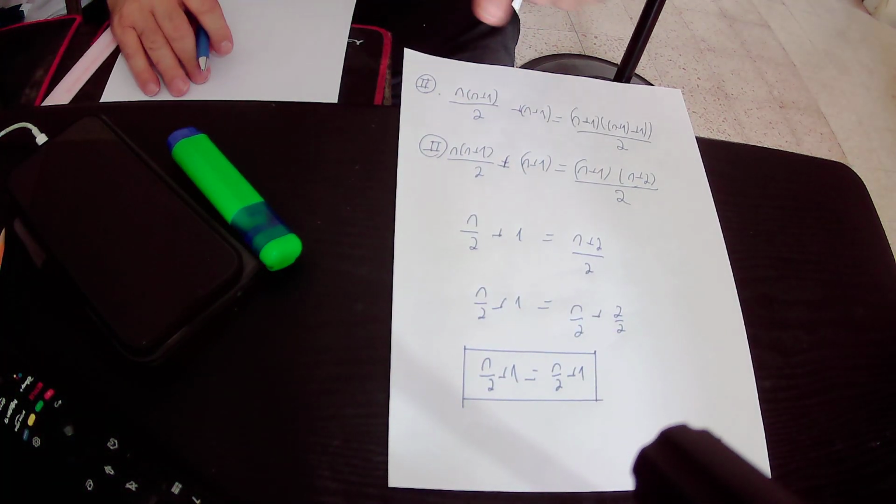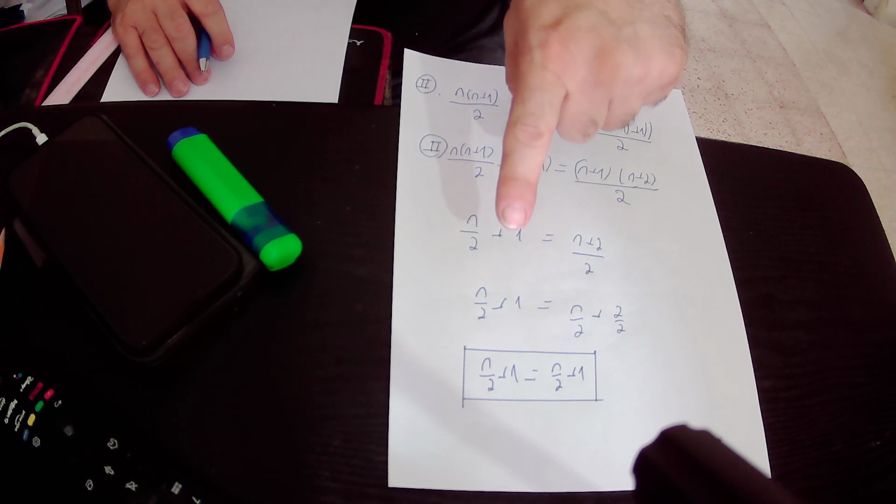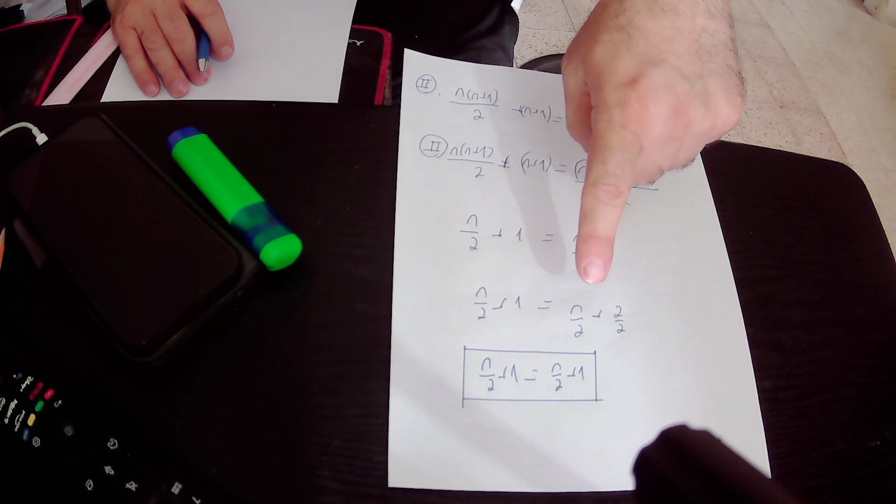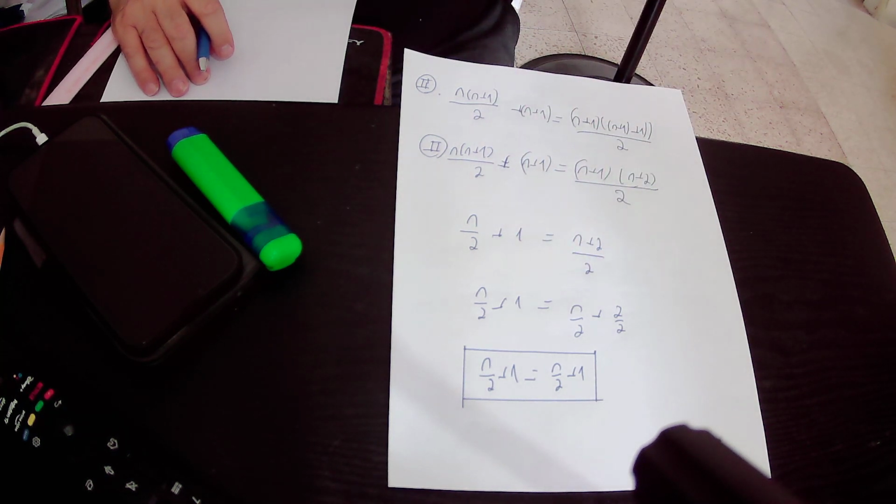So we got that n divided by 2 plus 1 equals n divided by 2 plus 1. So actually we succeeded to prove that the second expression for n plus 1 is true when we assume that the expression for n is true.